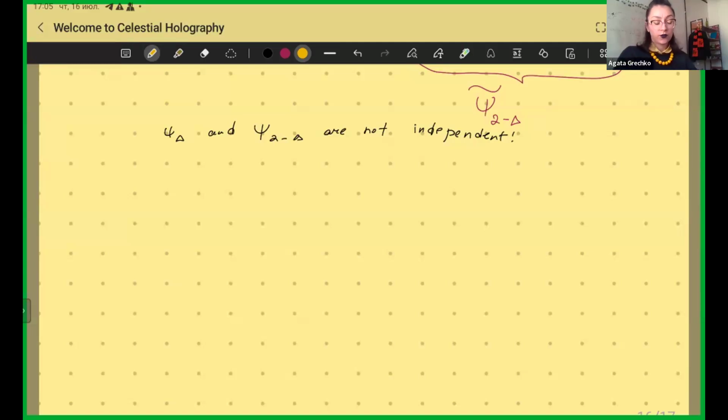Okay, so guys, on the last lecture, we made a foundation for why celestial holography is a holography idea, and how this idea is implemented in reality. And today, in our last lecture, we are going to talk about celestial OPEs.